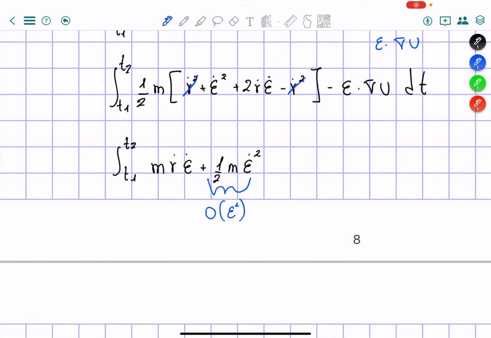It just means all the terms in which we have epsilon dot at a higher power than 1, and then minus epsilon times del u, in terms of dt.